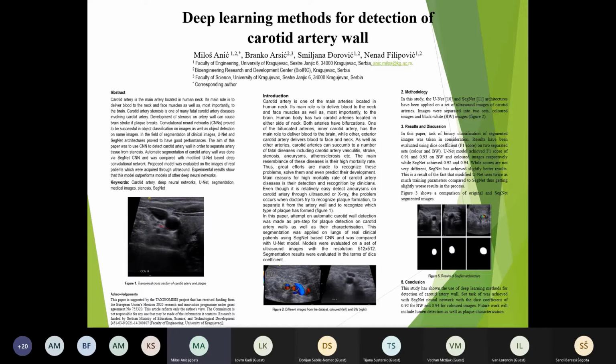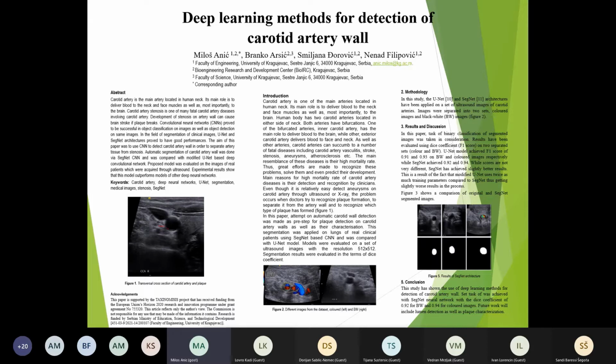We already did other tests for the lumen detection and plaque characterization, and since for the lumen detection and plaque detection, UNet gave a lot better results than SegNet, we concluded that we would actually use UNet results, even though SegNet gave slightly better results compared to UNet.